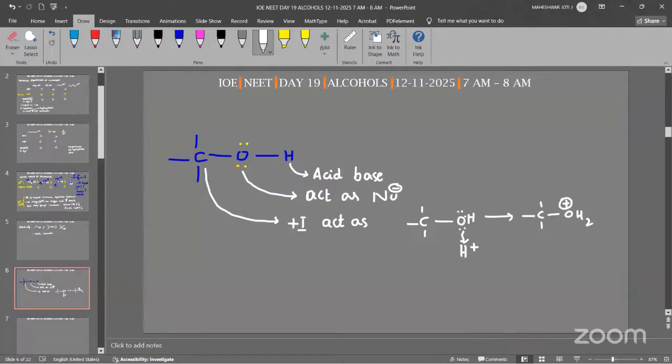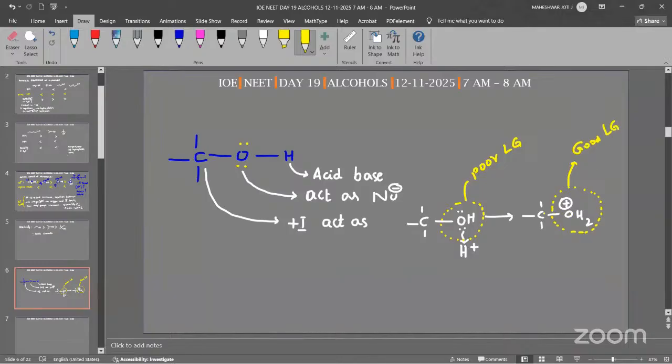Now, OH group is a poor leaving group, whereas OH2 plus is a good leaving group because of positive charge over oxygen.